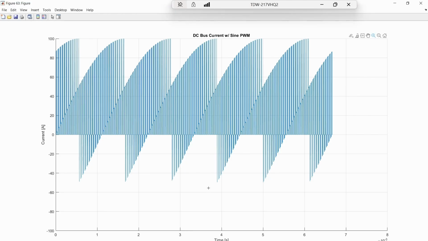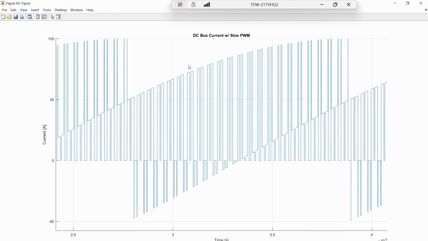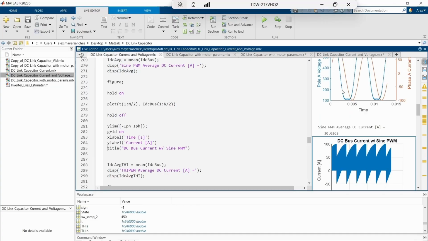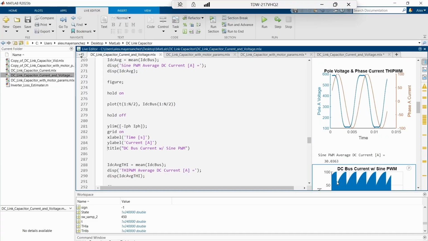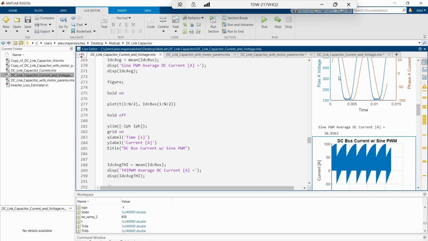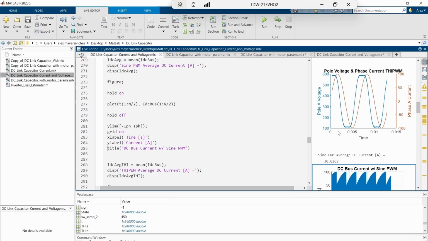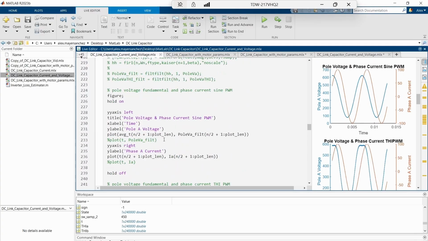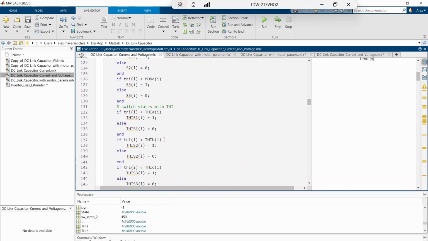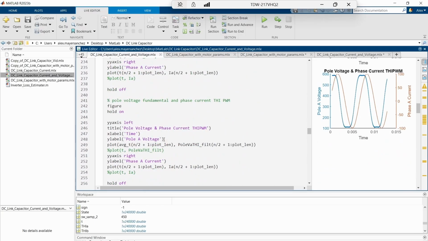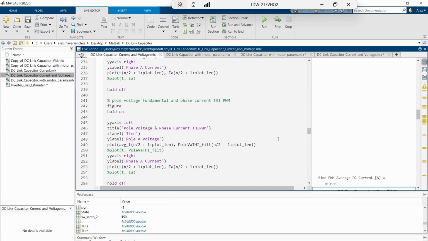So here you can see with a power factor of 0.5, the current actually goes negative, and that's basically happening because the sum of the high side switch currents is a negative value, right?